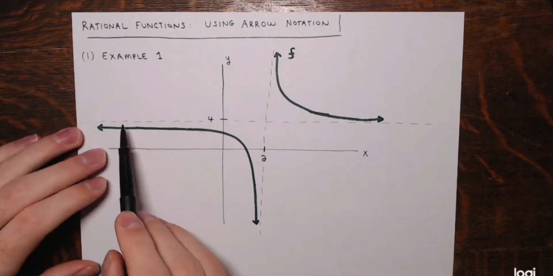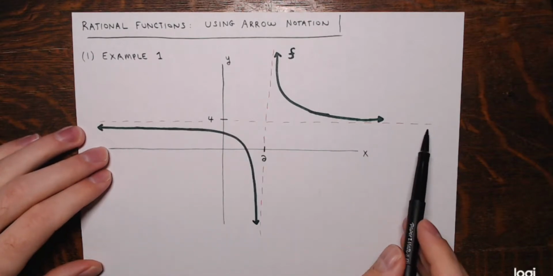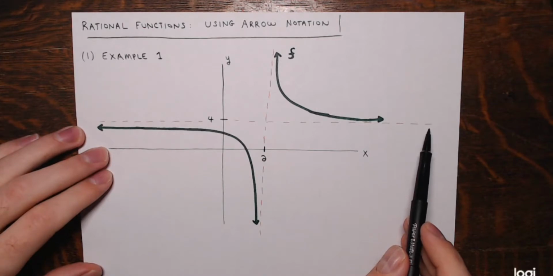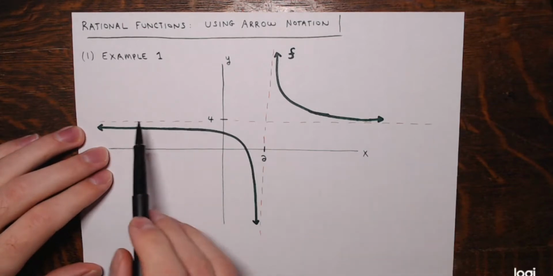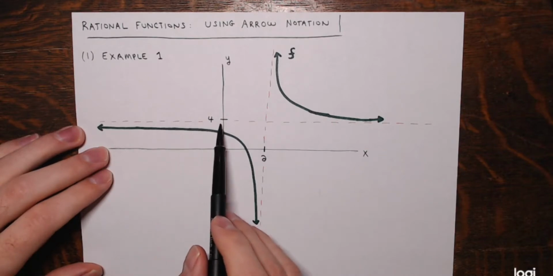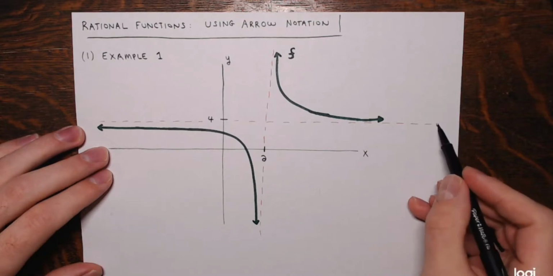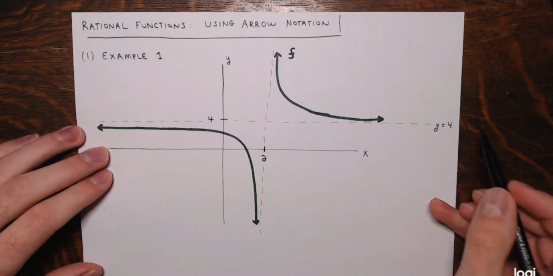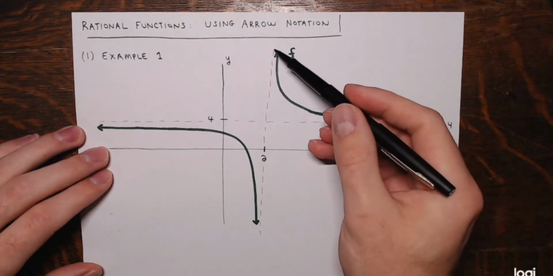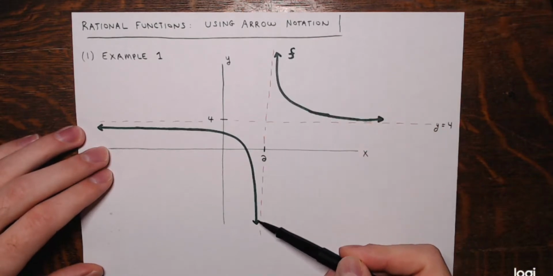These red dashed lines are not technically part of the graph of the function. I have this dashed horizontal line at y equals 4, and then a dashed vertical line at x equals 2.